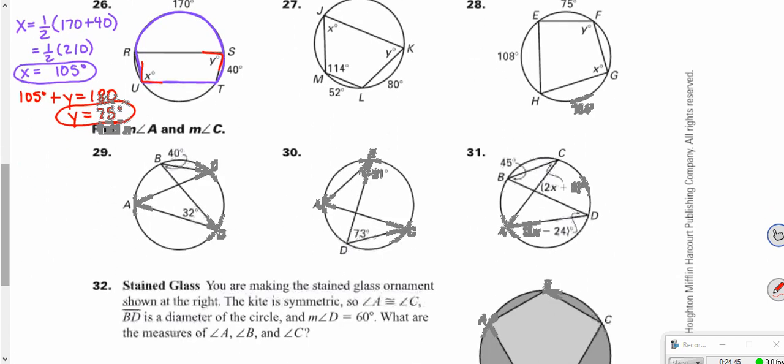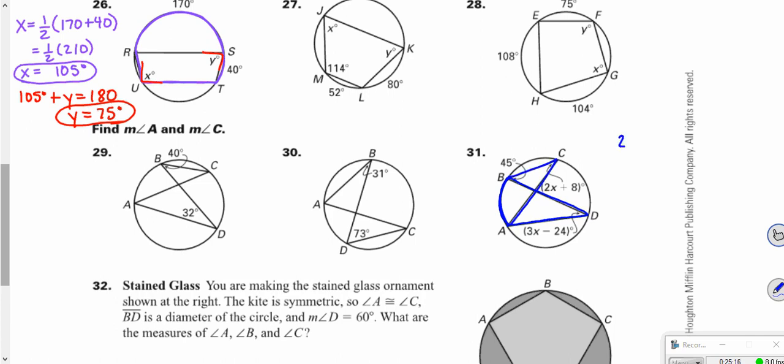Okay, let's look at 31. I think that's the last one I'm going to do. Find the measure of angle A and the measure of angle C. We know that this intercepted arc comes from this angle and this angle.